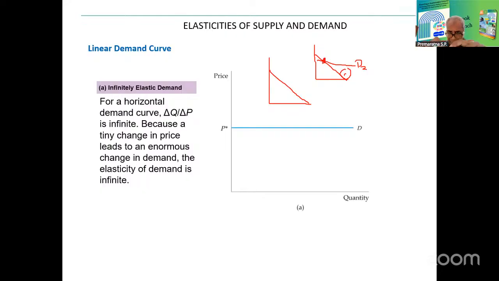Another one: at the same price, if the slope changes, the elasticity also changes. Slope change happens due to the nature of the demand and the nature of the goods. So those are two things you have to understand.